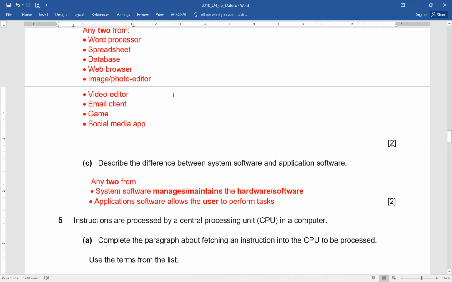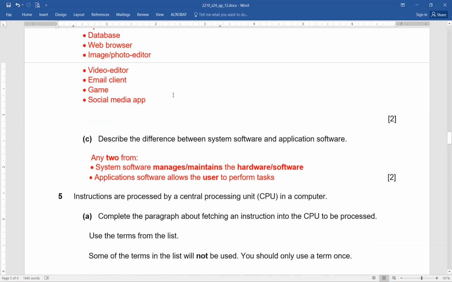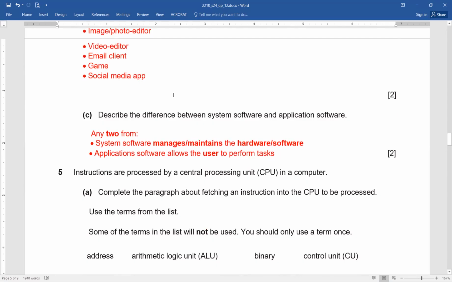Question number 5. Instructions are processed by a CPU in a computer. Complete the paragraph about fetching an instruction into the CPU to be processed. Use the terms from the list. Now some of the terms in the list will not be used.